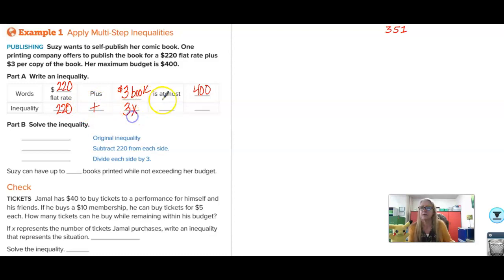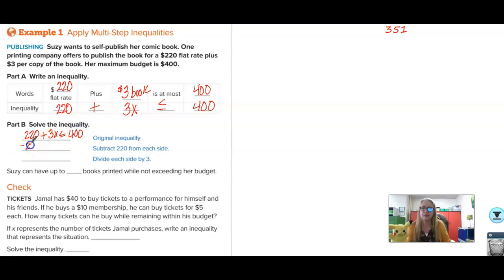They didn't say we had to use something else, is at most. Okay, so that means that this has to be less than or equal to $400, okay? So this side of the equation must be less than or equal to $400 because we can't go over. We can spend $400, but we can't go over $400. So the original inequality is 220 plus 3x is less than or equal to 400.